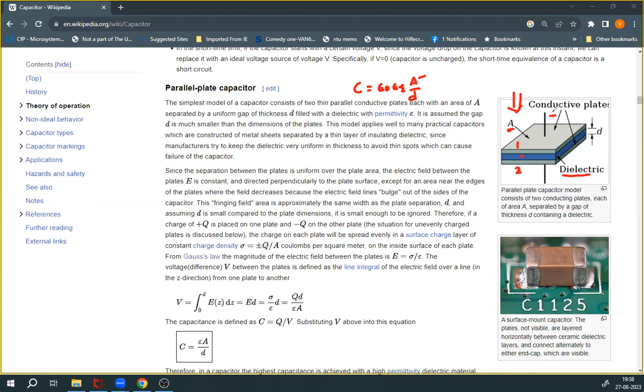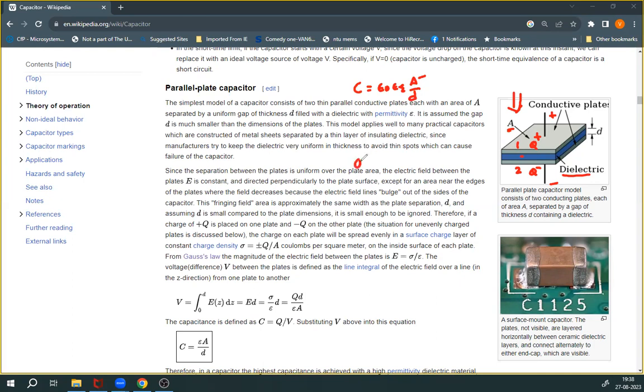So imagine you have a voltage difference between the two plates, positive and negative, and because of that you have two electric charges of opposite polarities on the two sides of the capacitive plates. Positive Q is on the top plate and negative Q is on the bottom plate, and because of this there is a surface charge density on the inside surface of these plates.